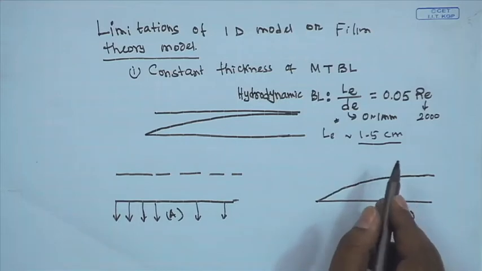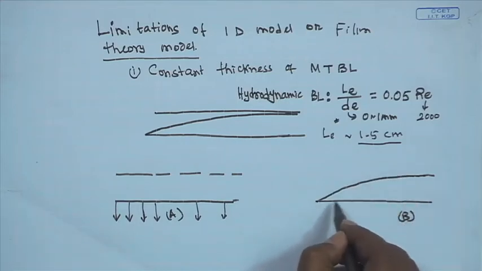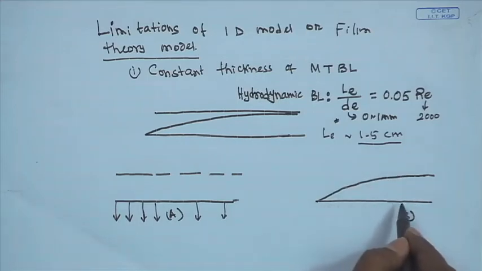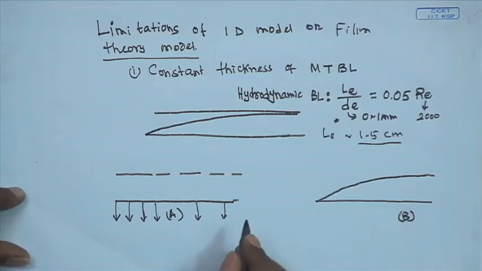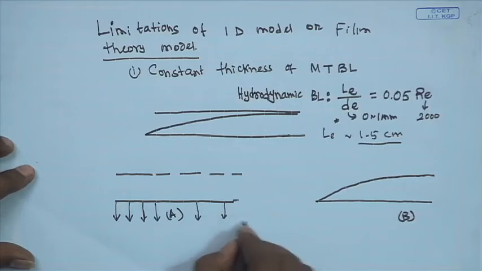That means, if we are considering a module with a length of 1 meter, apart from the initial 5 or 4 centimeters, the full channel will have a fully developed hydrodynamic, or velocity, boundary layer. But let us look into the entrance length for the mass transfer boundary layer.